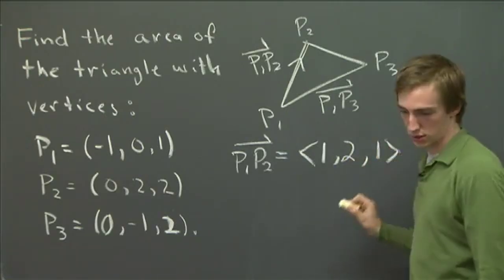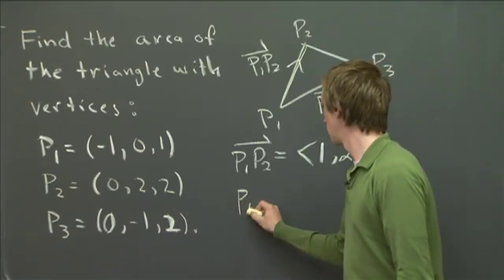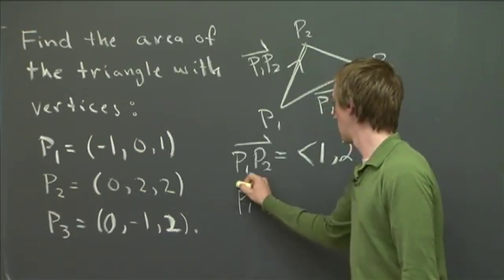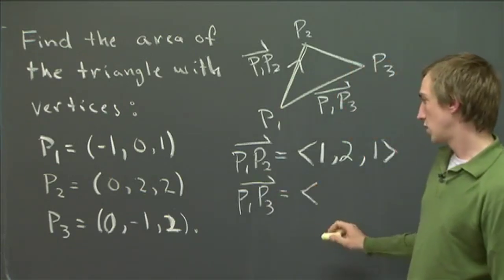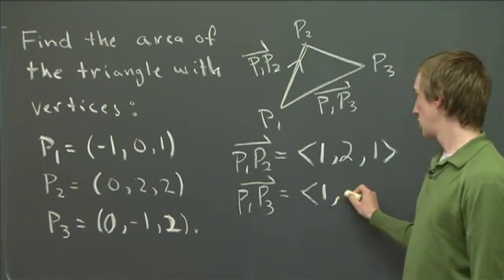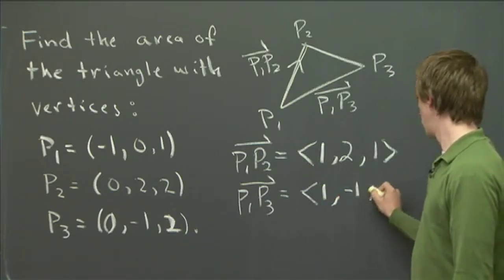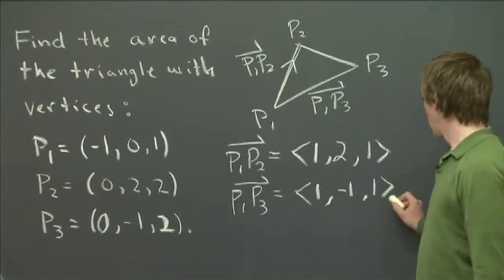Let me just check my notes to make sure I did that right. Good. And P1P3, we get, again, 0 minus a negative 1, so 1. We get minus 1, and then we get 1. Let me again check my notes. Very good.